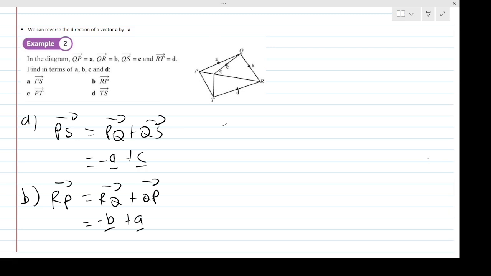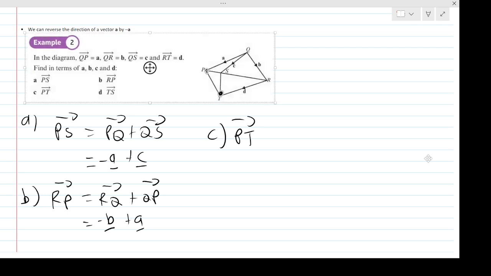Cool. Part C then, we need to find P to T. So we start at P and end at T. Well, obviously the direct vector would be that.